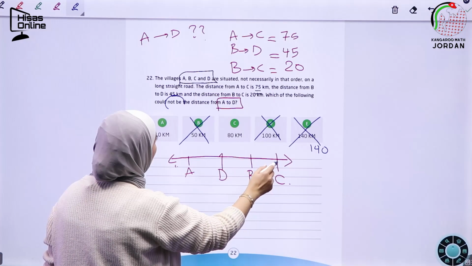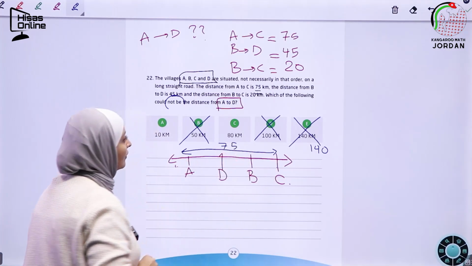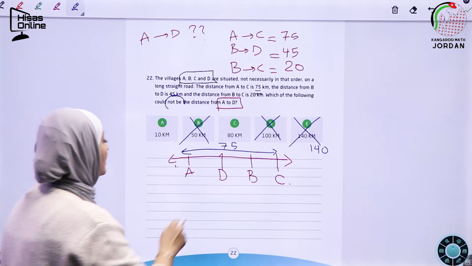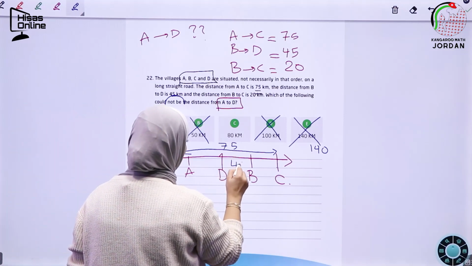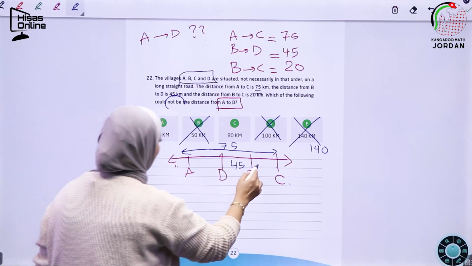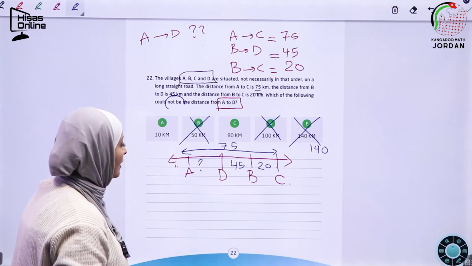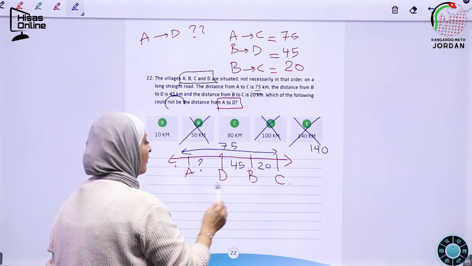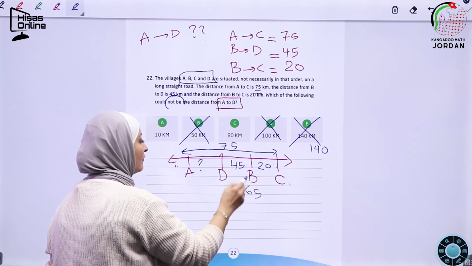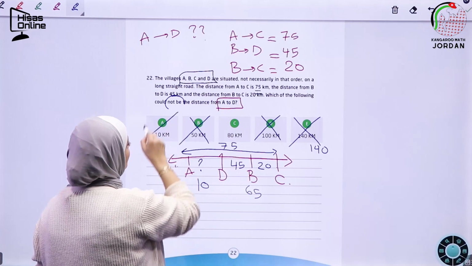A to C is 75, the whole road, and from B to D is 45. And BC is 20. Now, what is the distance here? 20 plus 45 is 65. We still need 10, so in this case it's 10. So I'll cross that one.